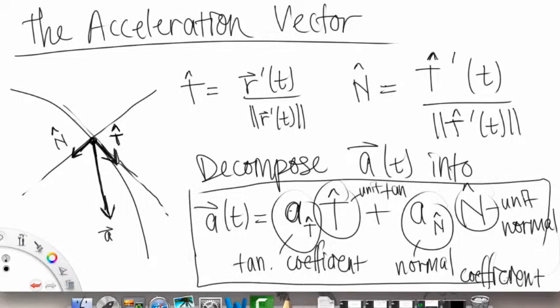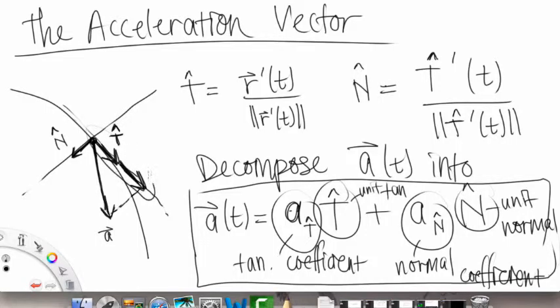Pictorially, continuing my picture here and making it a little more detailed, we take this acceleration vector, the one pointing down and to the right diagonally, and project it onto the tangential direction. So how much does it point in this direction?